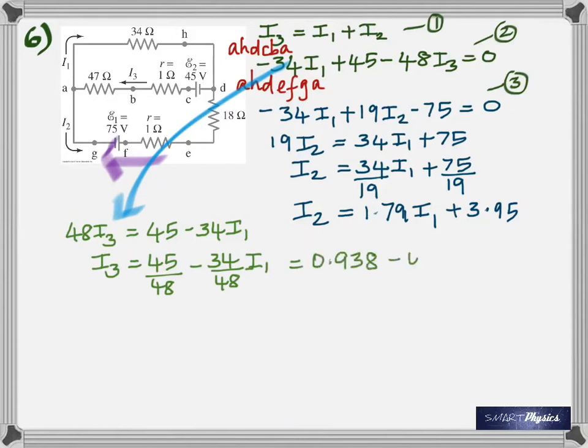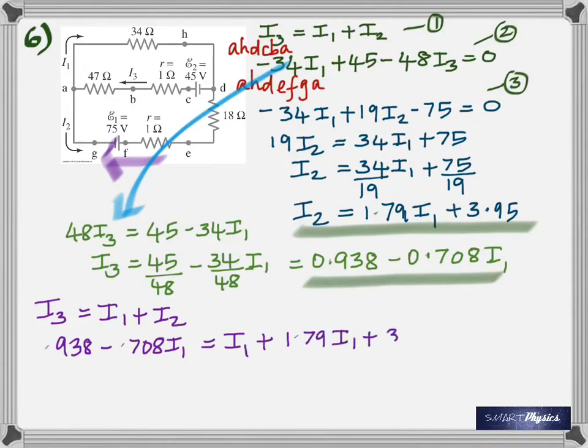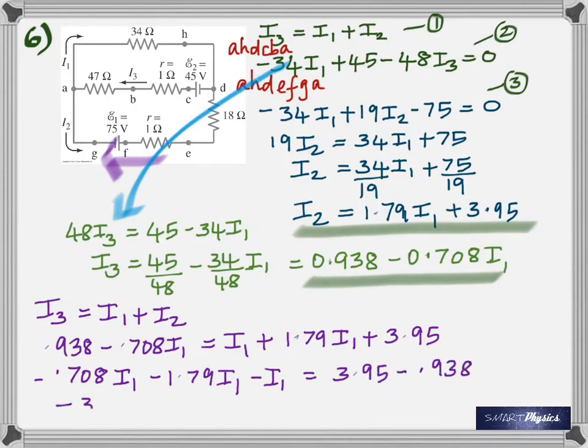So I have an equation in I3 and I1. But I3 is I1 plus I2, and so I'm using I3 is I1 plus I2.